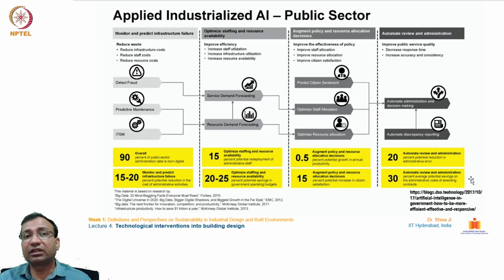Finally, the fourth column is about automating review and administration. Here we are talking about improving public service quality, decreasing response time, and increasing accuracy and consistency. These are two major areas of concern as far as public interaction is concerned, because the service must be rendered within a satisfactory time limit for people to feel they have been taken care of and their problems addressed.